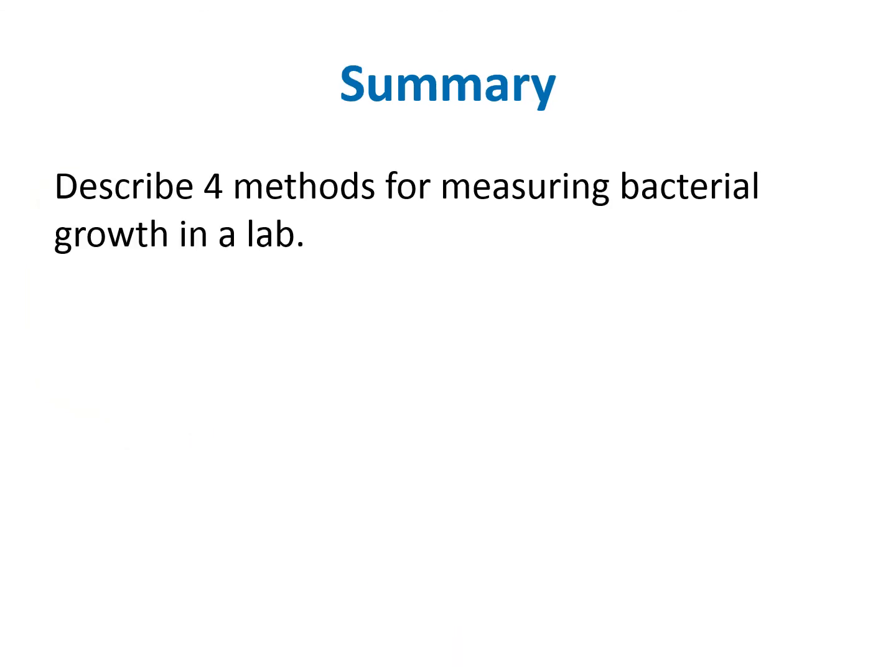So that's it for this video. We started out by describing 4 methods for measuring bacterial growth. We said that whatever method we're using for bacterial growth, they can be divided up into 2 groups. You have the direct methods that actually look at the individual cells or CFUs, and we measure those directly, like with the plate count, the direct microscopic count, and the membrane filtration that we talked about.